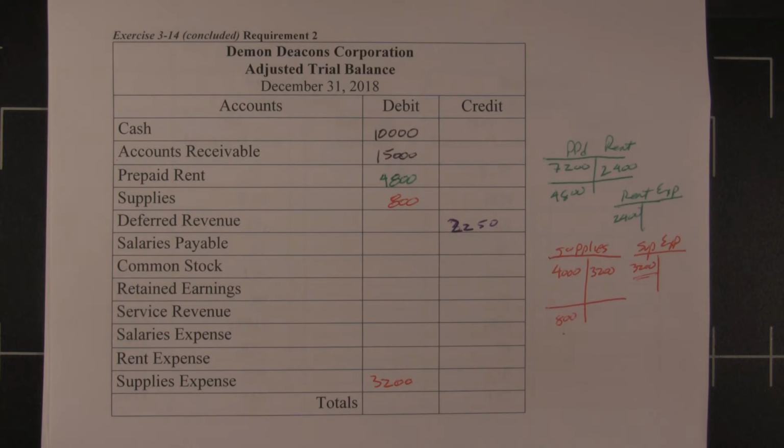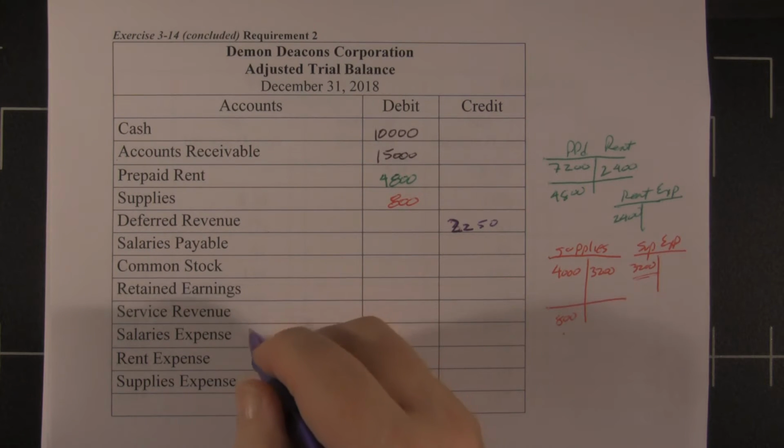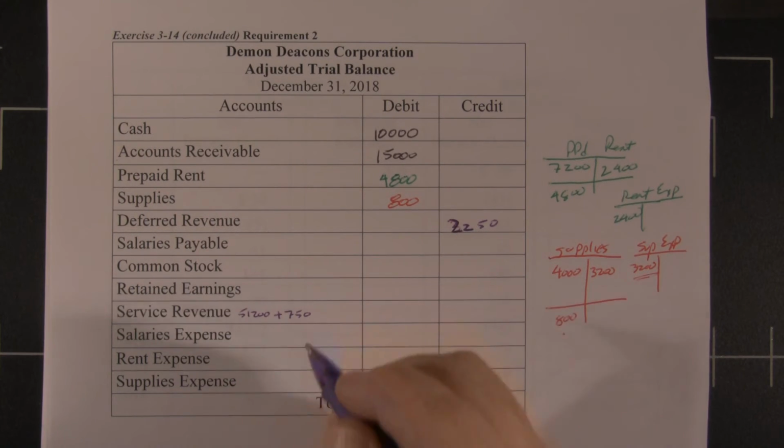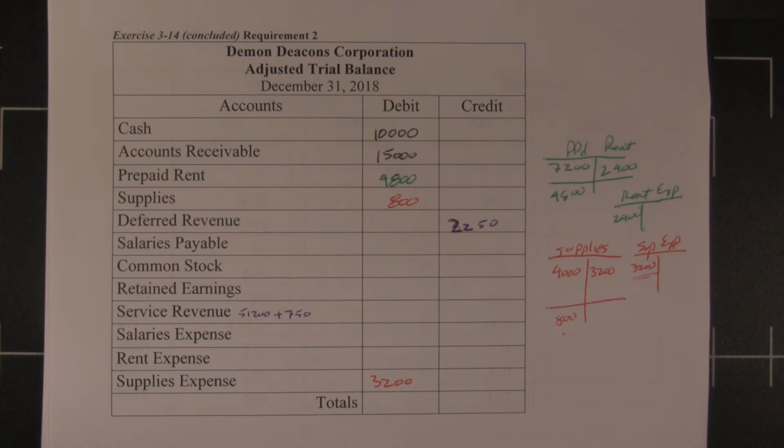And now our revenue is going to have to be adjusted for that because our revenue was $51,200. They give us that, but we have to increase that. So the service revenue is $51,200, plus we have that $750 adjustment.